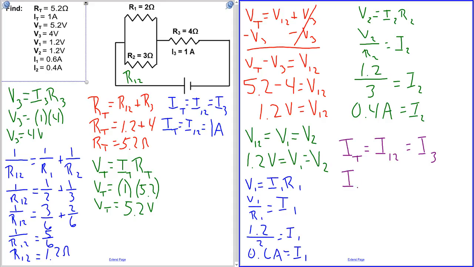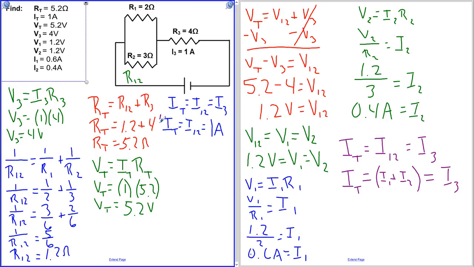Since resistor 1 and resistor 2 are in parallel, I12 is equal to I1 plus I2, which equals I3.